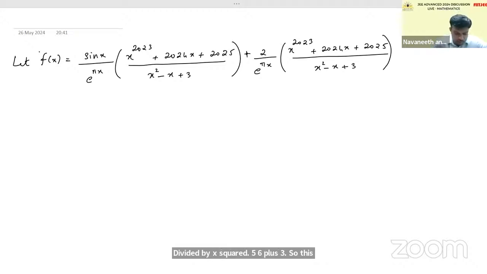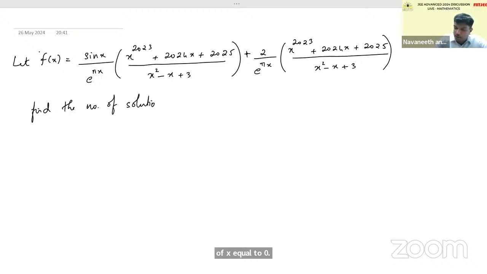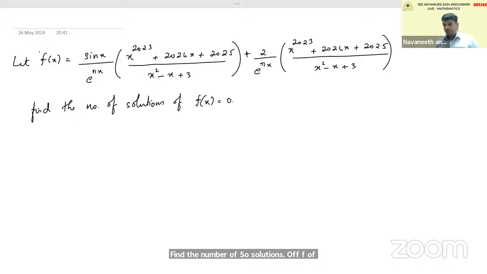This is given as f of x, and we have to find the number of solutions of f of x equal to 0. So this is the question.